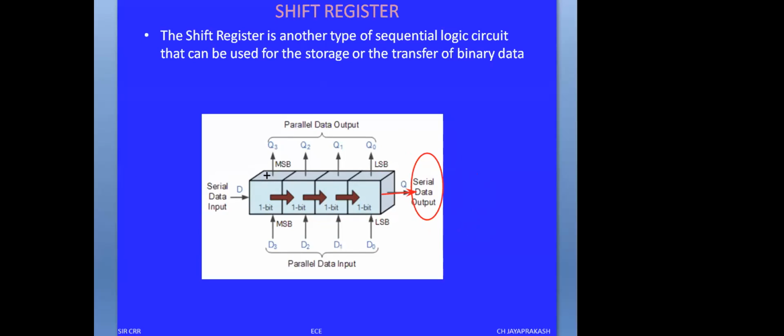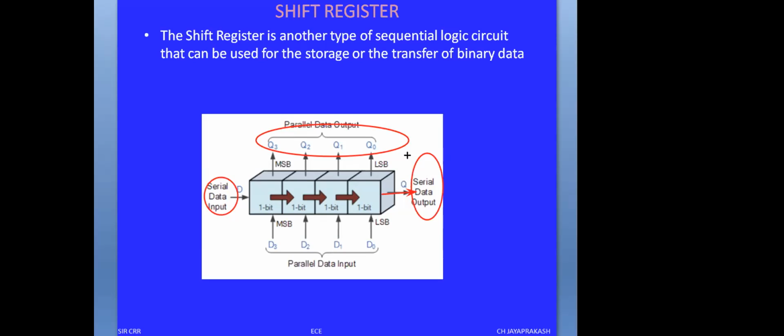Similarly, the data is transmitted serially in one operation, and we can read the data parallelly. We can read the data parallelly from Q3, Q2, Q1, Q0, MSB to LSB. That is parallel data output. We can enter the data serially and read the data parallelly. That is, in serial operation, we can enter the data serially and read the output as serial, or read the output parallel.